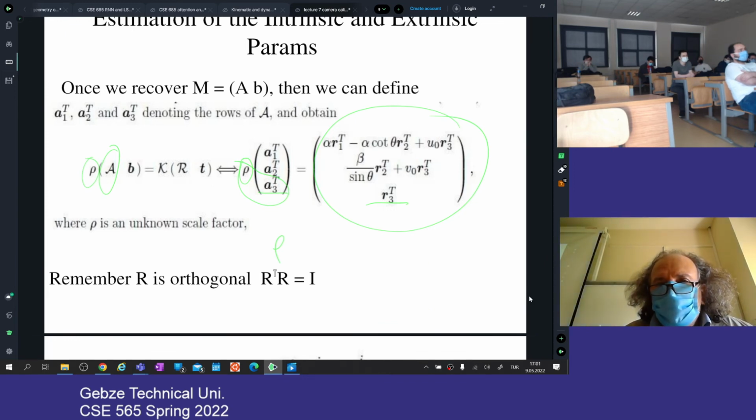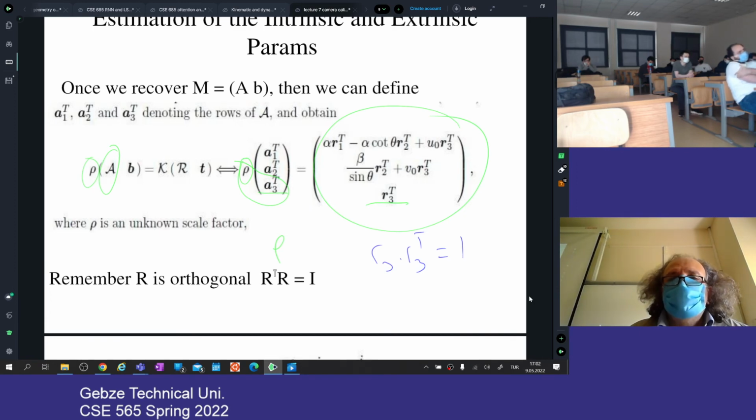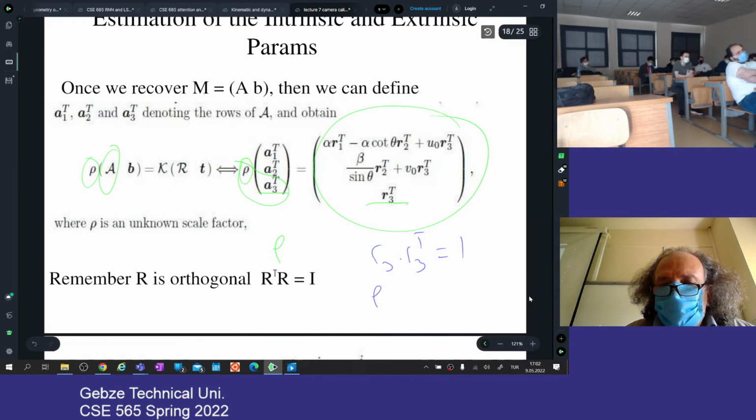So I told you that R3 times R3 transpose is going to give you 1. I know this one because of the orthogonality. I don't know R3, but I know rho times R3 times rho times R3 transpose is going to give me rho square times 1.